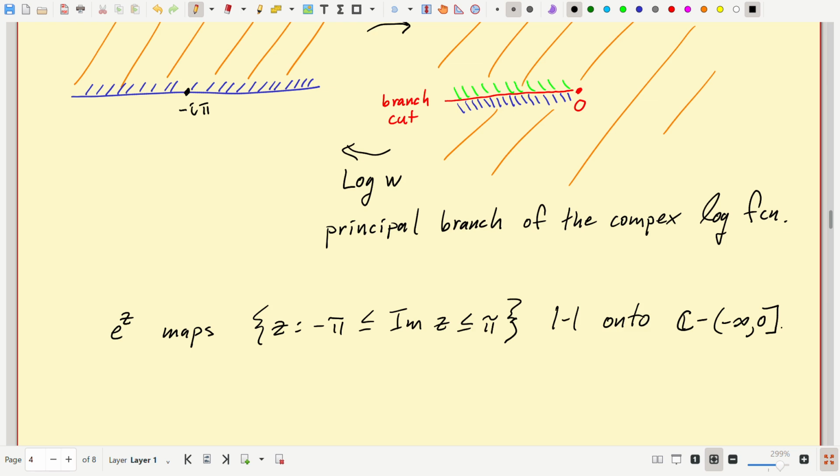The 0 is the endpoint there. That's not in the domain either. That's yanked out, connected to the branch cut. And log is its inverse. The principal branch is its inverse. And there's an inverse function for analytic functions. The inverse of an analytic function is analytic. That's a fantastic thing. Question?